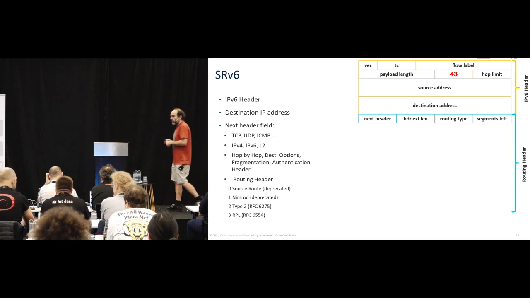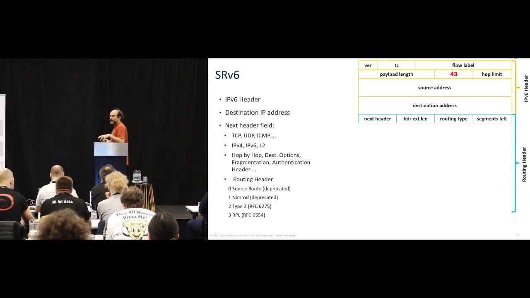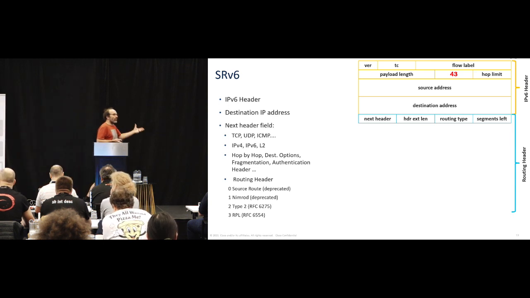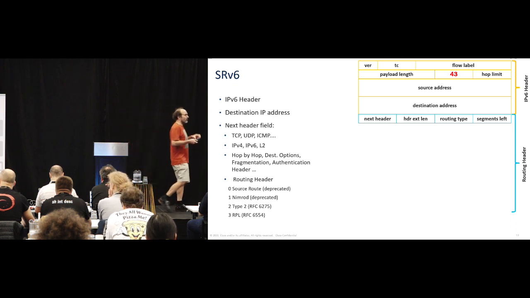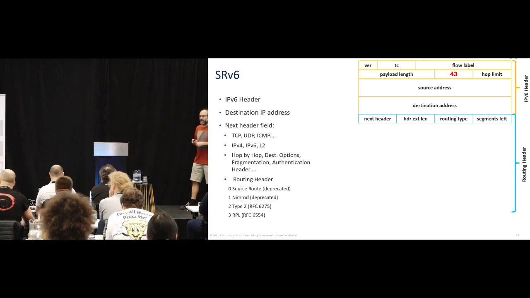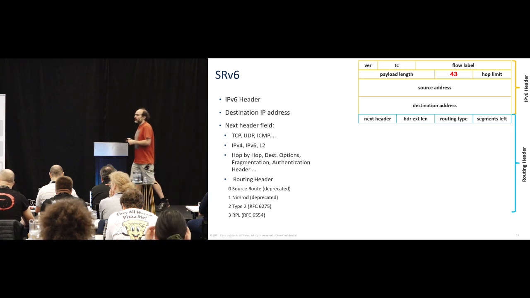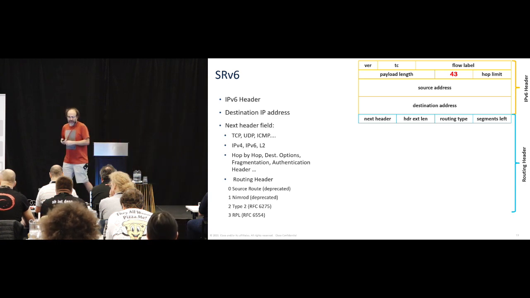The routing header was introduced on day one of IPv6. It's really a 20-year-old thing. It's supposed to be processed along the path, not on every hop, but on the hops which are meant to deal with it, and we will see that again.